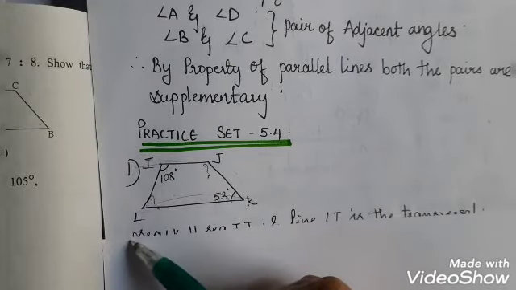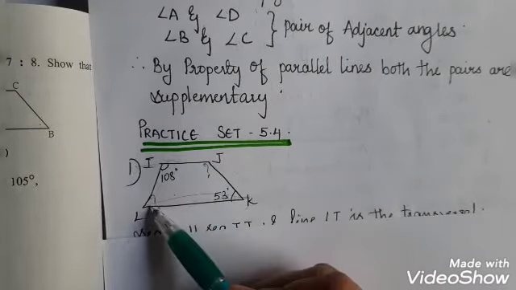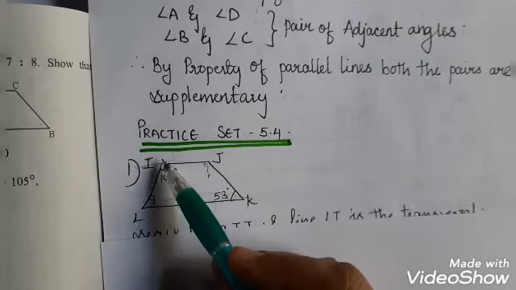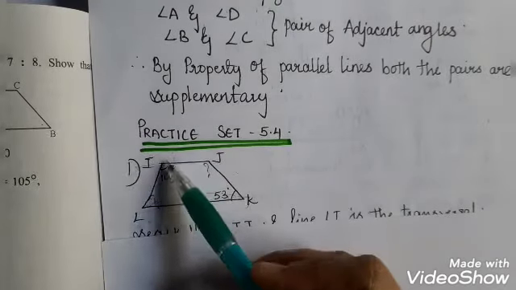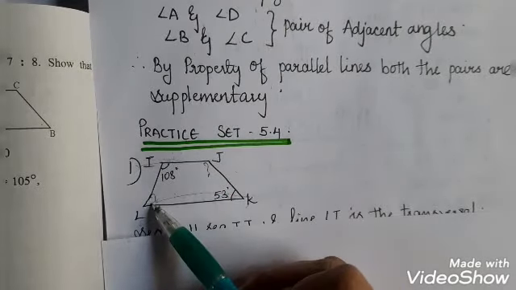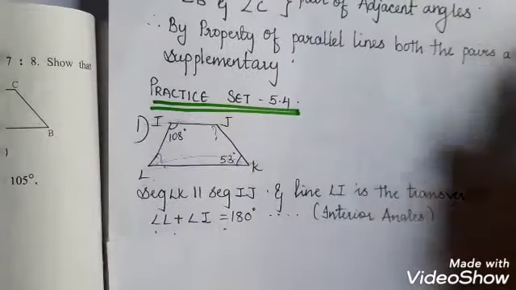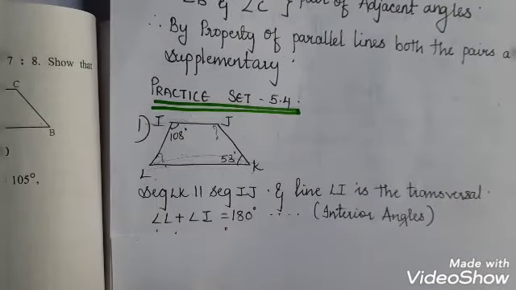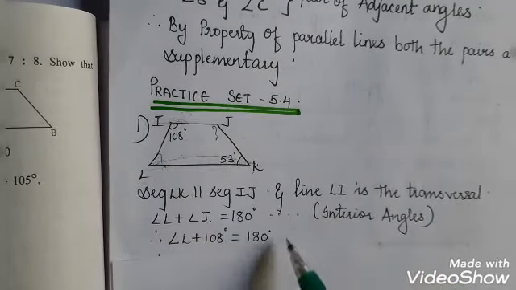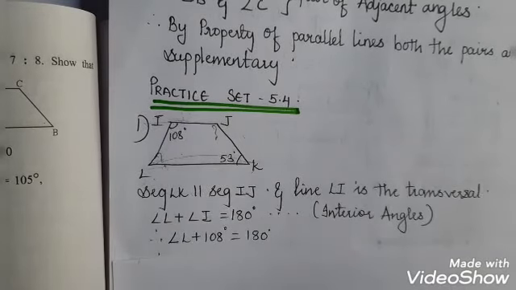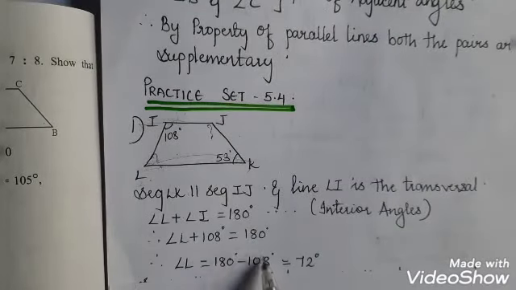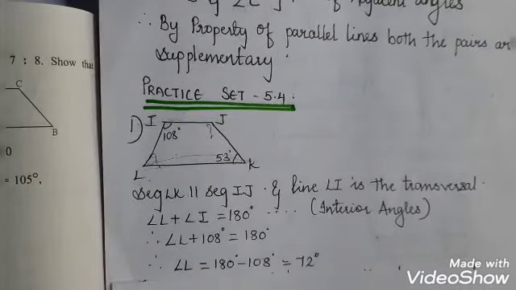That means angle L and angle I form adjacent angles, and also interior angles between the two parallel lines. So angle I plus angle L is equal to 180 degrees, that is interior angles. We know angle I is 108, we have to find angle L. So angle L plus 108 is equal to 180 degrees. Therefore angle L is equal to 180 degrees minus 108 degrees, which is equal to 72 degrees.